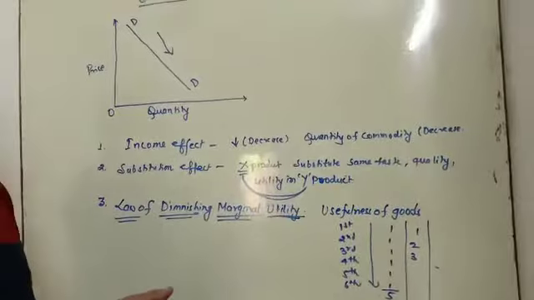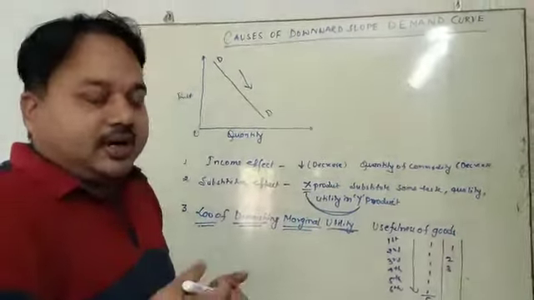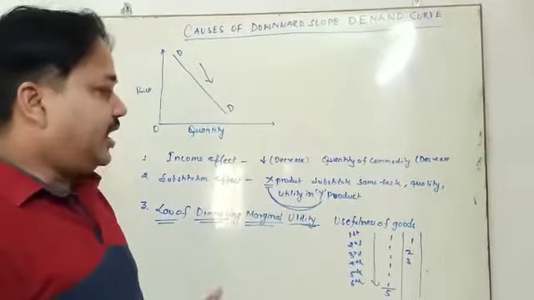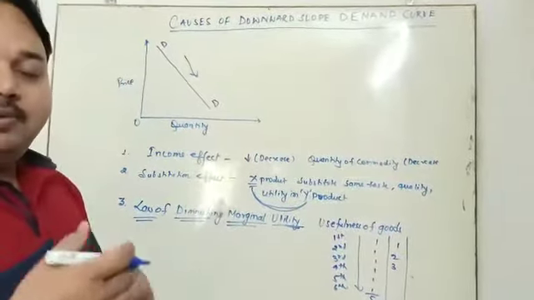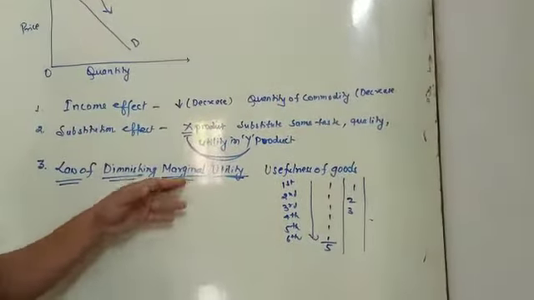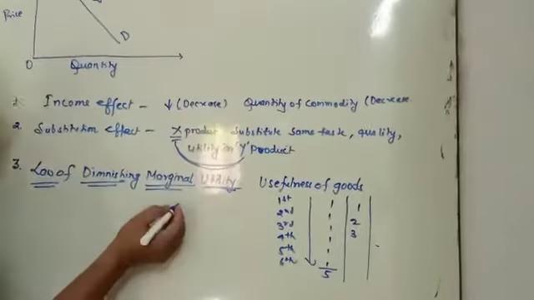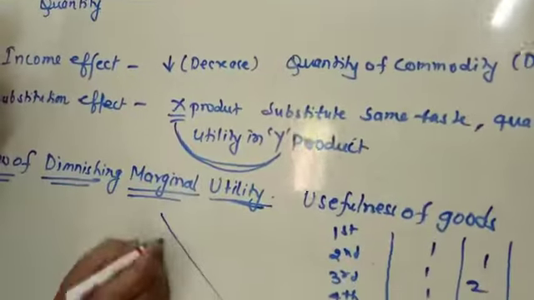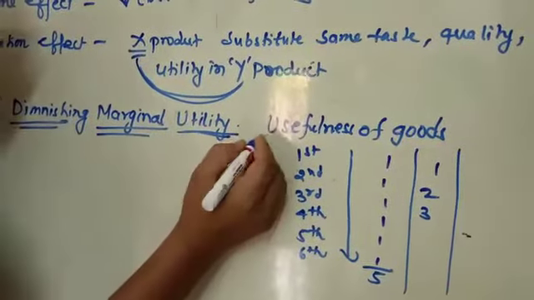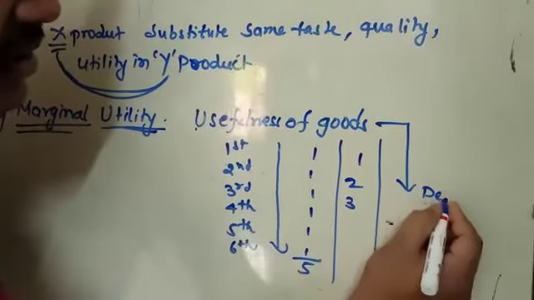So when the consumption is going to increase by adding one product at a time, it means marginal utility, the usefulness, is going to decrease.